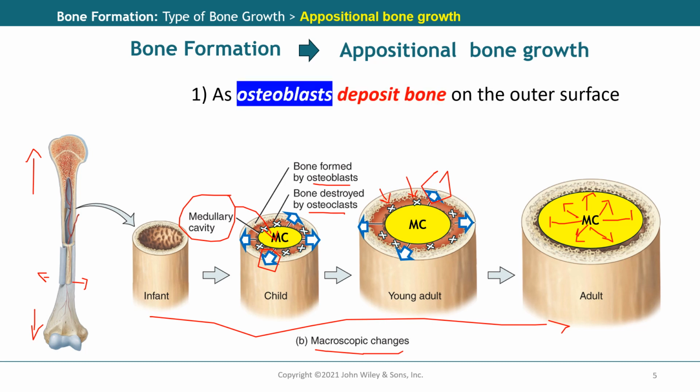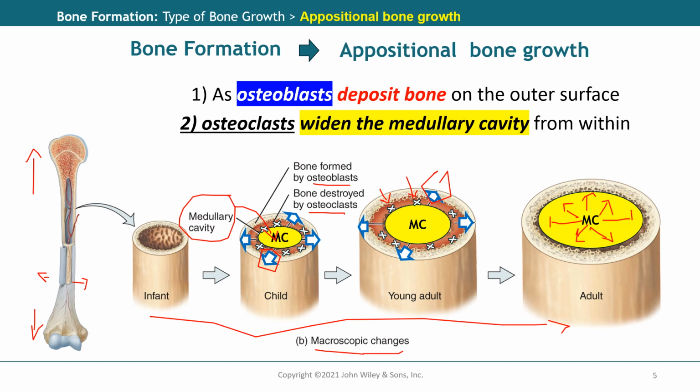The first one is that the osteoblasts that you see in blue, located in the area where the blue arrows are, will deposit bone on the outer surface. And on the inner surface, you will find the osteoclasts within the medullary cavity. So they will destroy the bone to make this medullary cavity wider and wider.